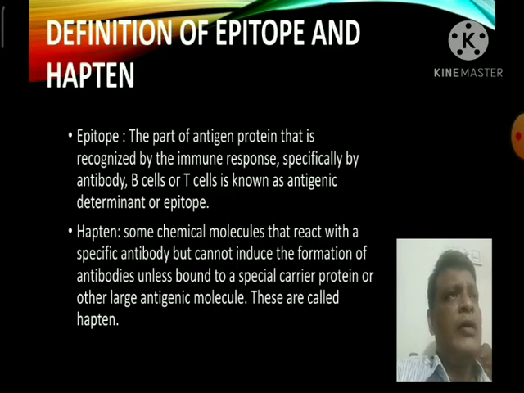Most of the lipids act as haptens; they cannot induce the immune response alone, but when they combine with a carrier protein, they act as antigenic agents. These low molecular weight lipids are called haptens.